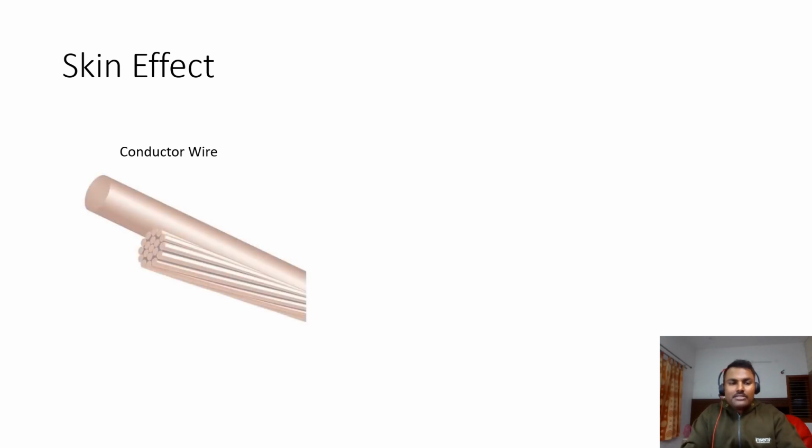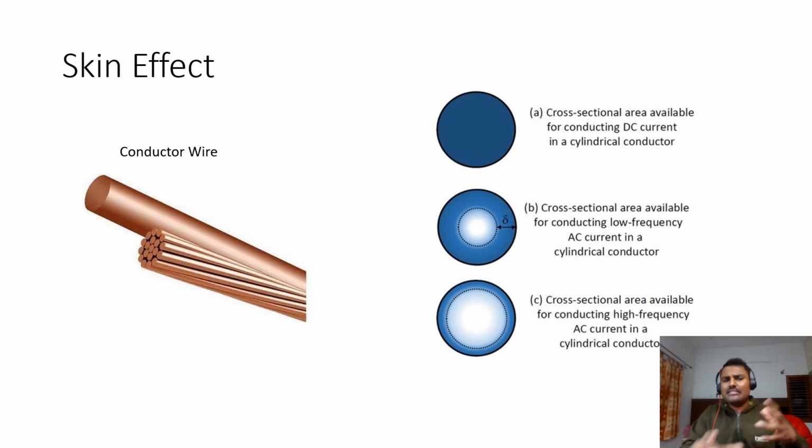Next, coming to the skin effect, you can see two kinds of wires here. One is a single-strip wire and the other is a multi-strip wire. Both images you can see here. Why does this law come in? Any wire is almost cylindrical, circular in cross section.